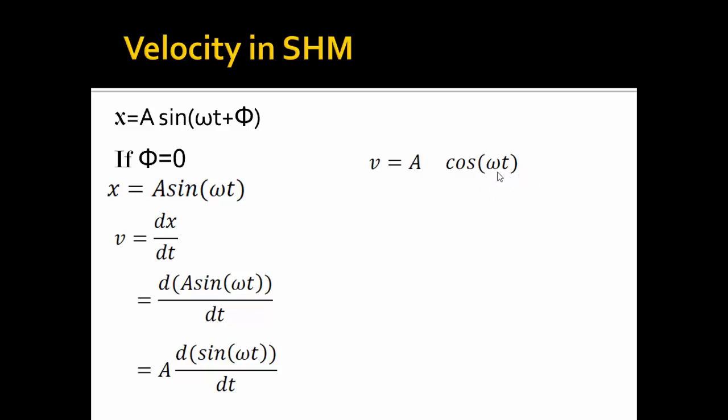So dt by dt will be 1, and that omega will be multiplied in the front. So v equals a omega cos omega t, or v equals omega a cos omega t. And that will be your expression for velocity in simple harmonic motion when the motion starts from the mean position.